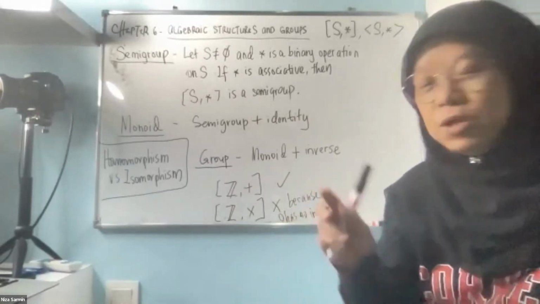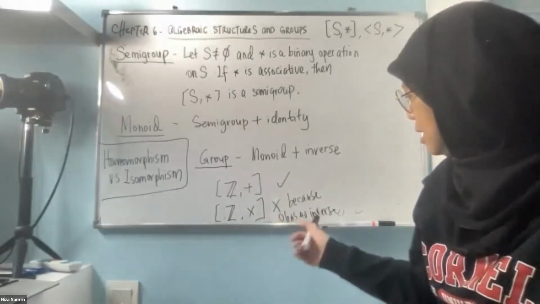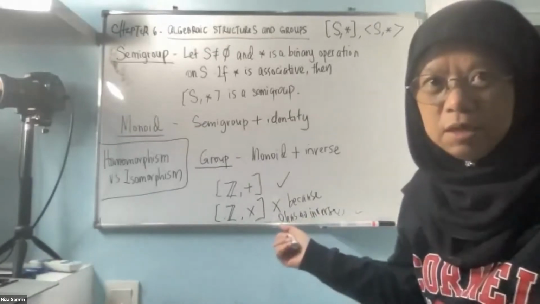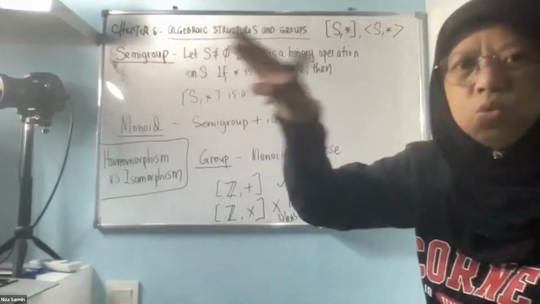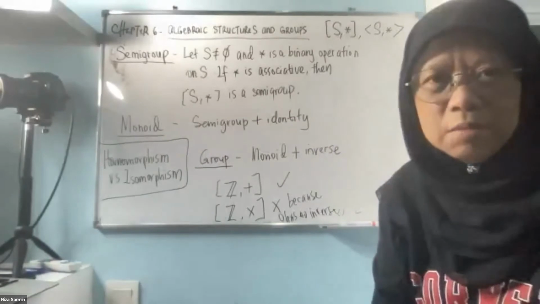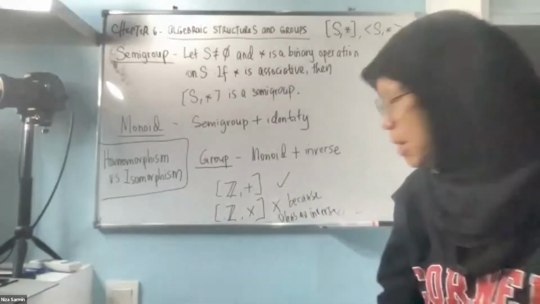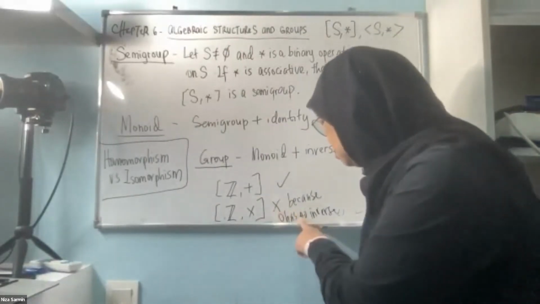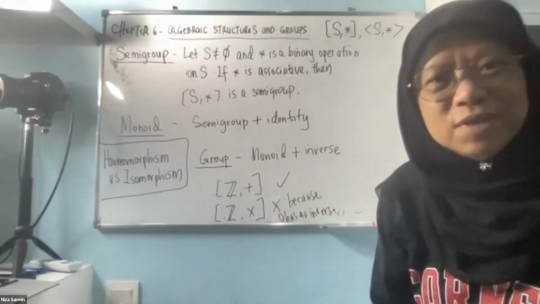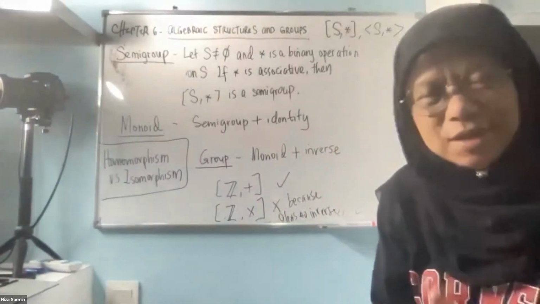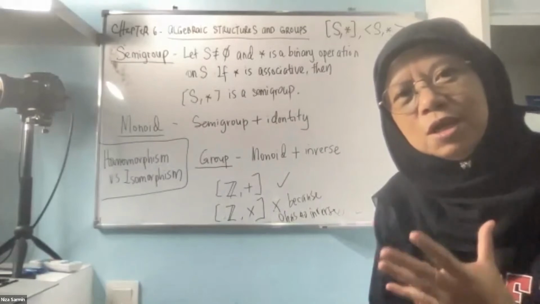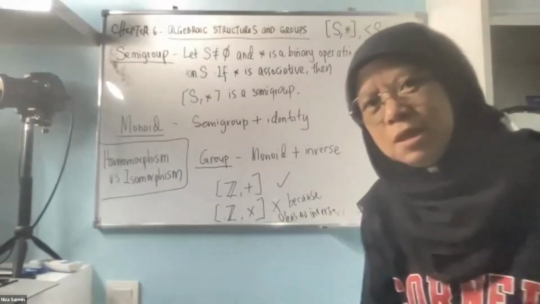Even if you do 1, 2, 3, you're just wasting your time. There is no mark. The mark will be just no, because 0 has no inverse. So think first before you write anything.